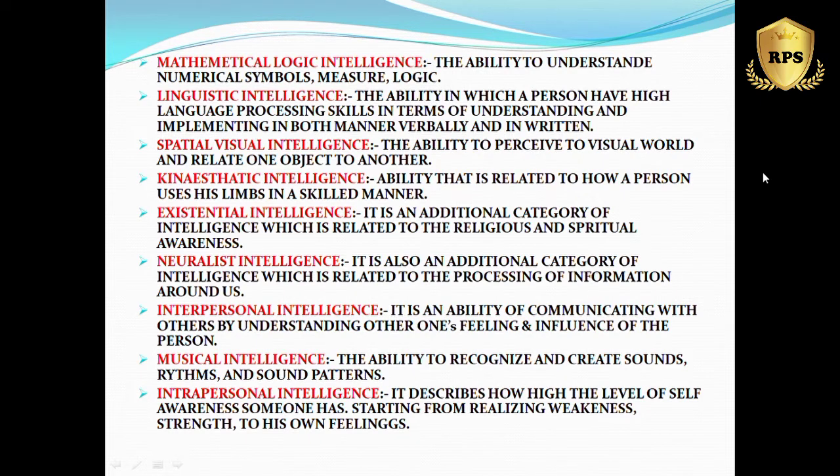Then interpersonal intelligence. It is an ability of communicating with others by understanding the other person's feelings and influence. So you can see some people know very well how to speak to someone according to their mood.